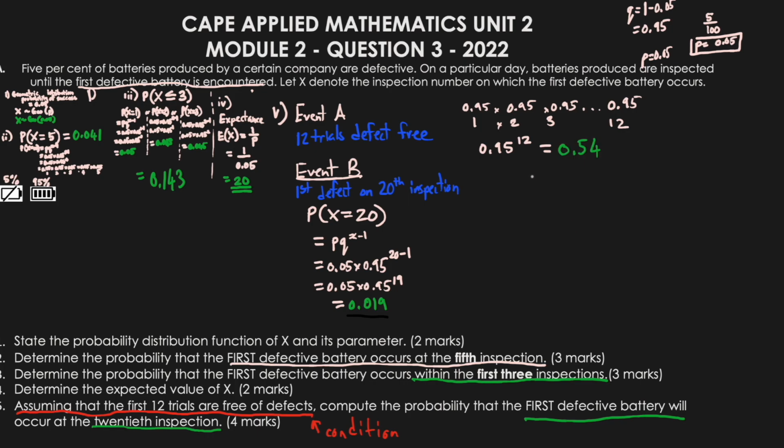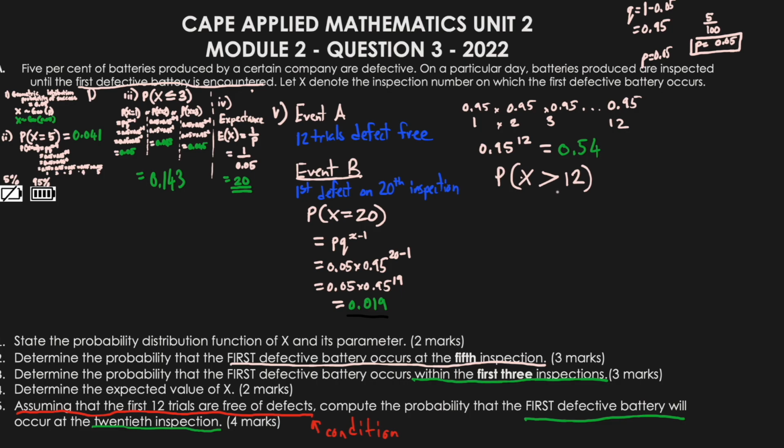The alternate way of working this out is basically saying that we want 12 trials to be defect free. What we are saying is that we are okay with having our first failure on the 13th try, then from there onwards, 14th try, and so forth. So in this case, our probability would be when x is more than 12, because we do not want to have a defect that is under 12.